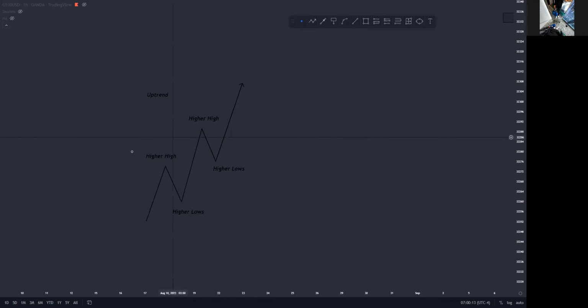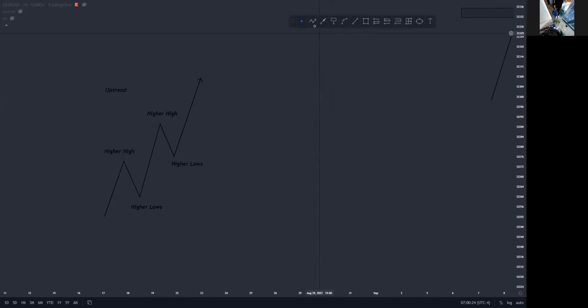So if price is in an uptrend, it will indicate price is on an uptrend because price will make this high. And once price makes a high in the market, the reason why it doesn't keep buying and you see price sell off sometimes is because if price was only to go up, it would only be a straight line going up.